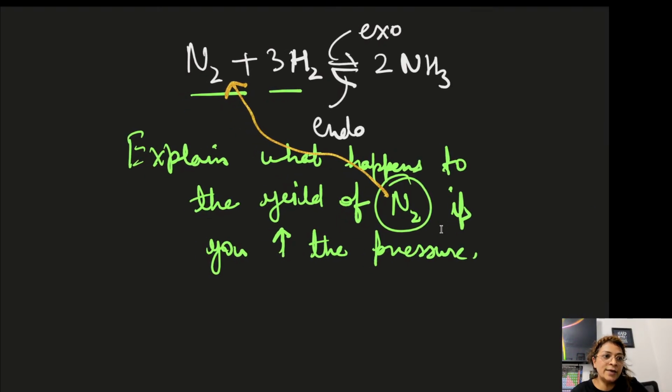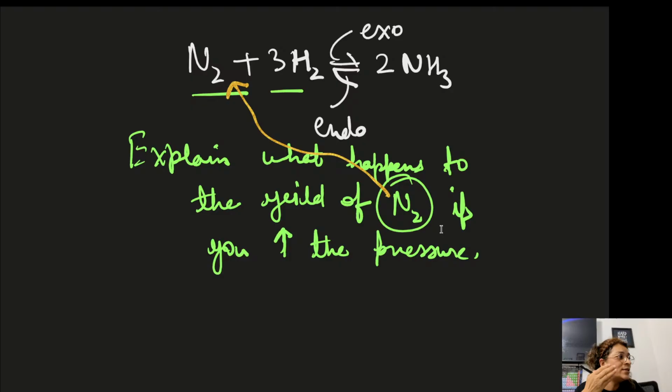Okay, Surya said it will decrease. Guys, at least guess something. You have an exam tomorrow. Hurry up. At least say something. Okay, so what will happen is the yield, one marking point.